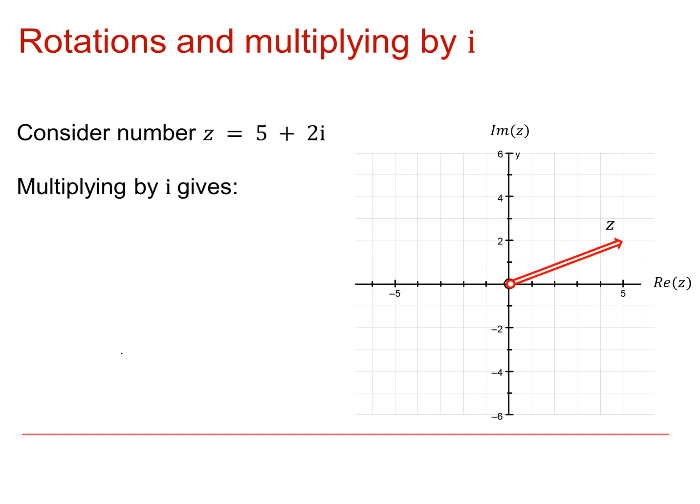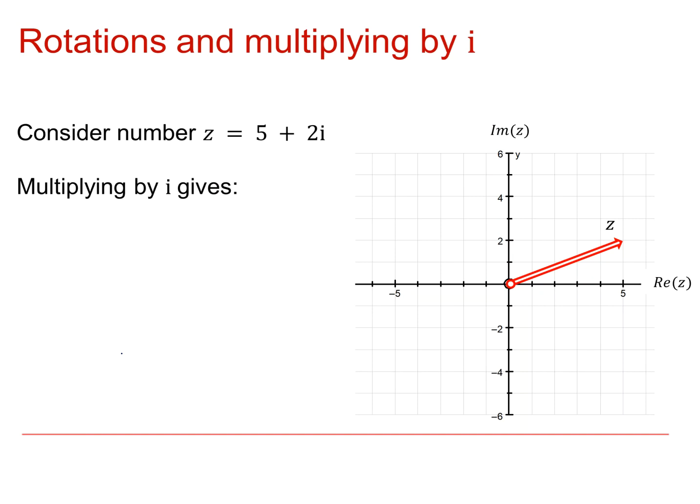Let's check this with some other complex numbers. Consider the number z equals 5 plus 2i. Pause the video for a moment while you multiply this number by i and plot it on the Argand diagram.